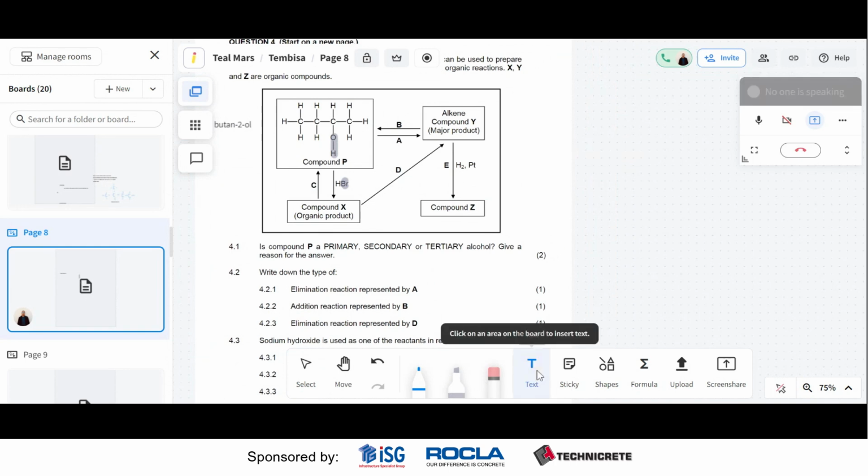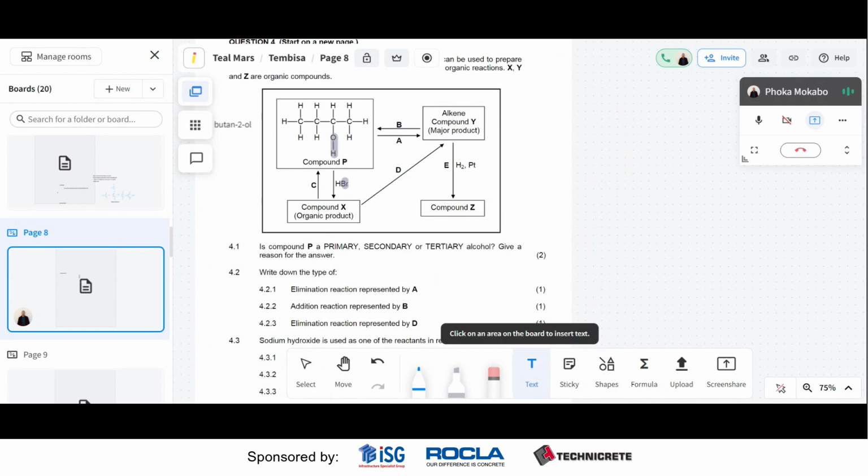Okay, let's go ahead and name it. In this case, we still would have the substituent being in position 2.